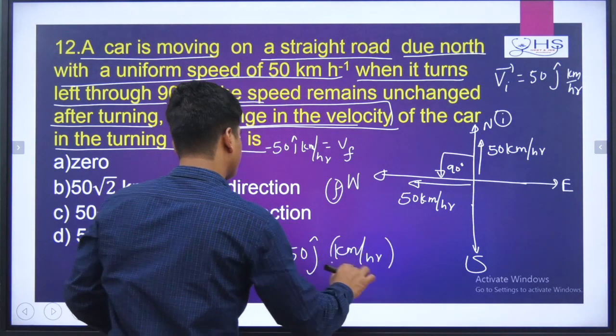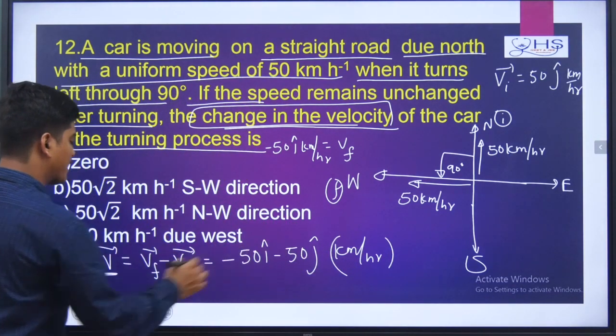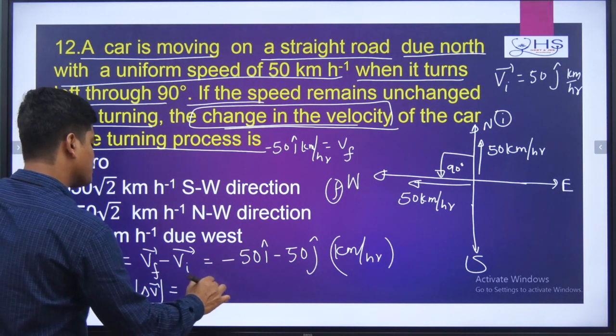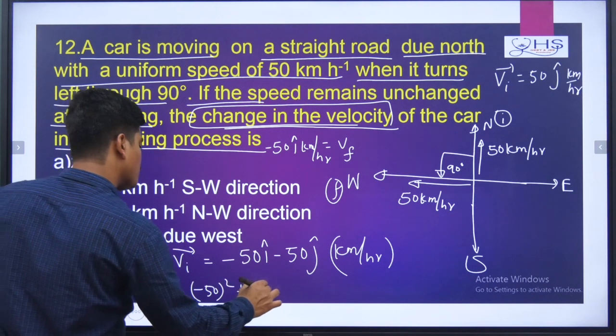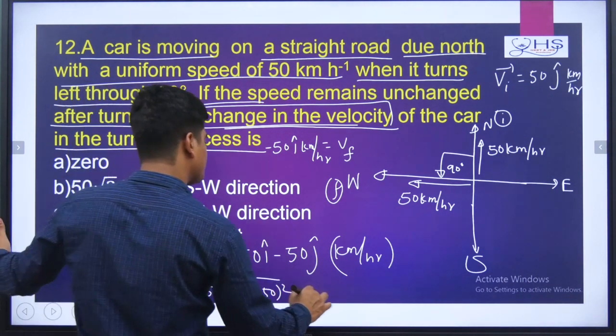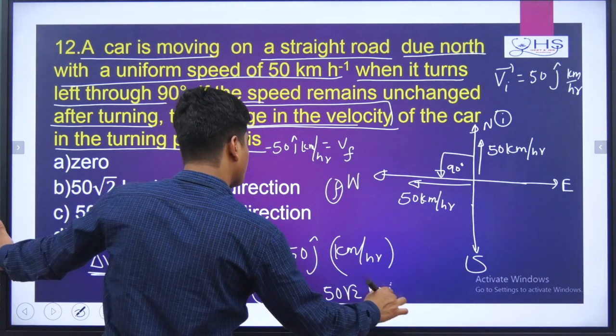Let's see this velocity in vector form. To find its magnitude, I take the square root of minus 50 squared plus minus 50 squared. That comes to 50 root 2 km per hour. This is the magnitude.